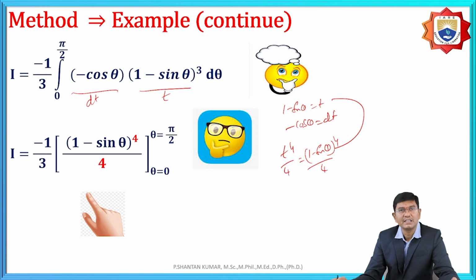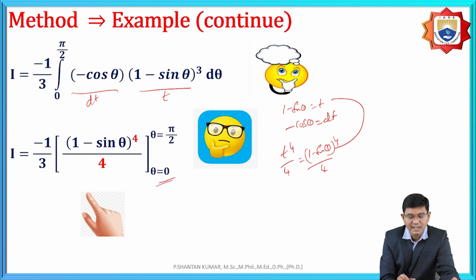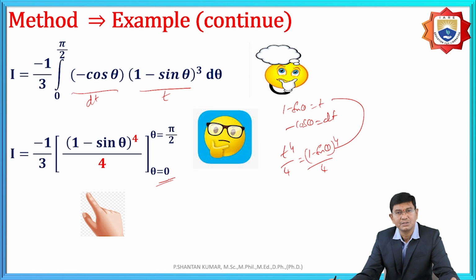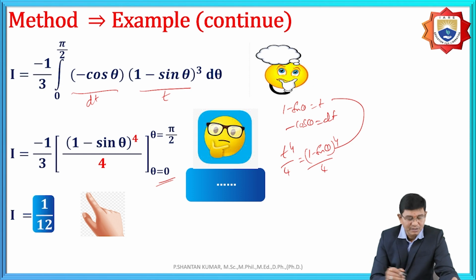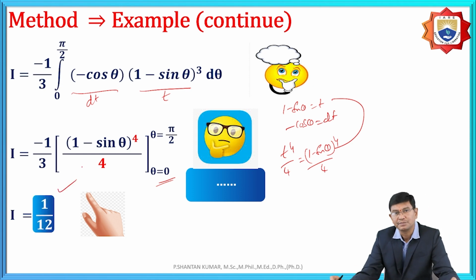And after that simplification, again we need to replace t, that is theta is equal to 0 as the lower limit, and the upper limit is theta is equal to pi by 2. And based upon replacement of all these values by using the upper and lower limits, the solution will be 1 by 12 as the final solution. Depending upon the simplification, we can obtain the solution.